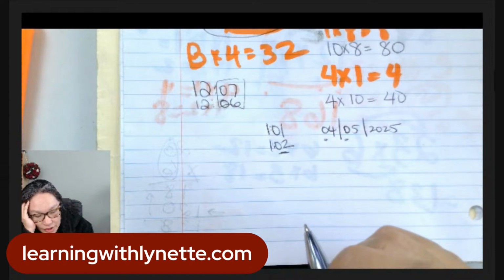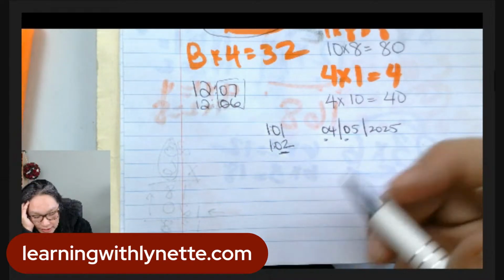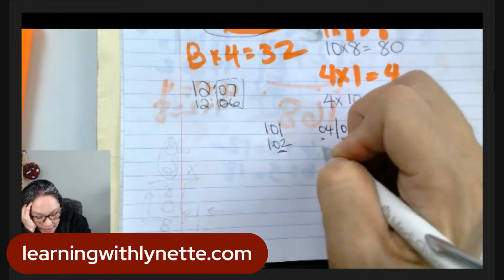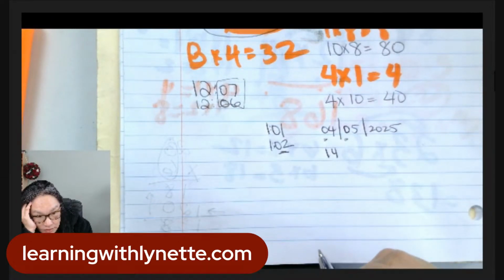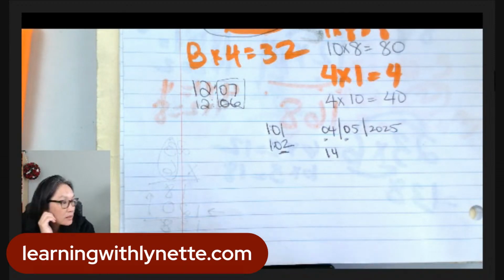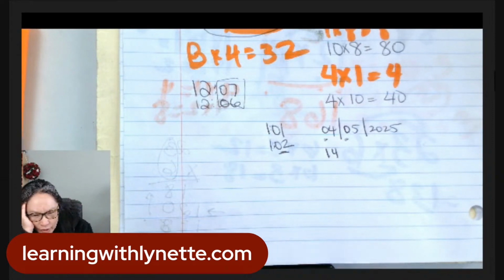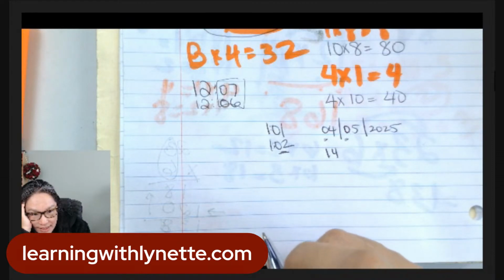But if it's double digit, you would not go back. Correct. You wouldn't need to go back because if it's the same digit, so if I did 14, I don't need to go back. Exactly.